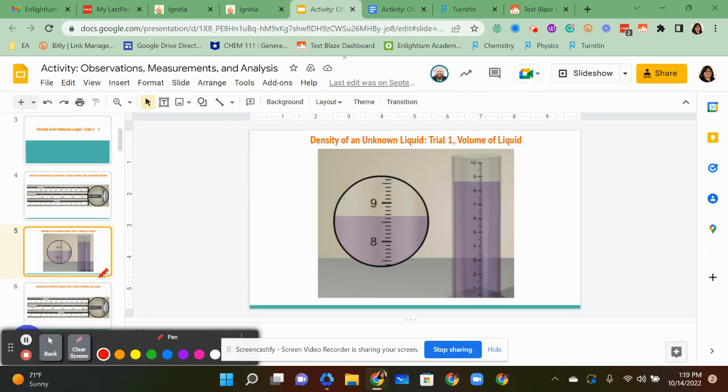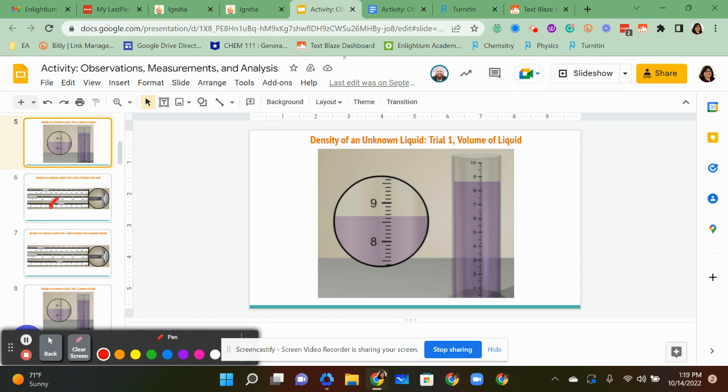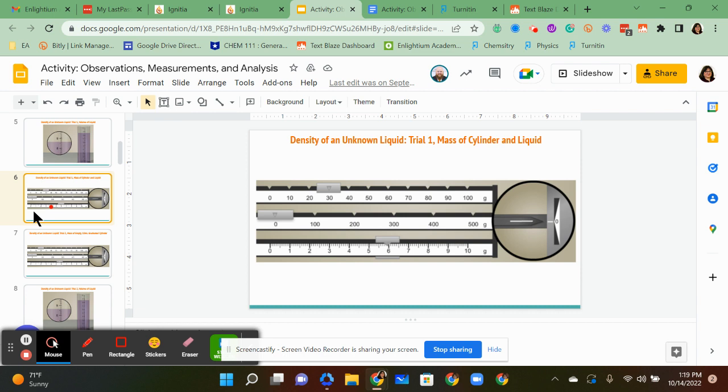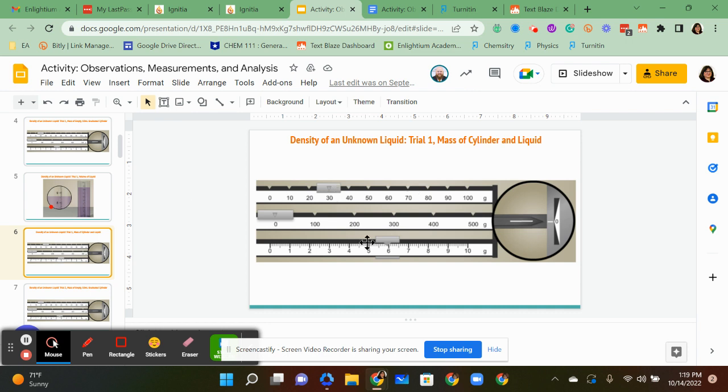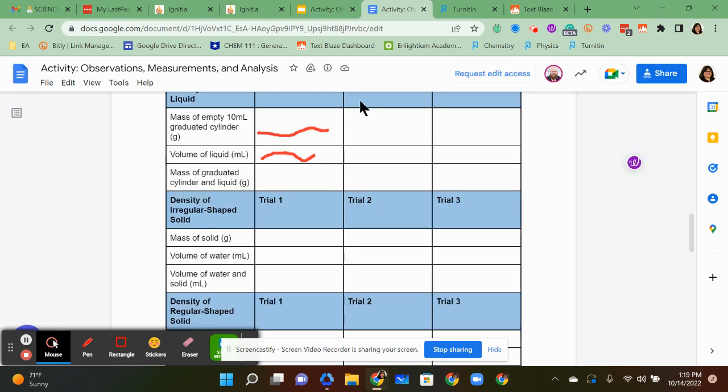Then you're going to continue doing that. Now you have the graduated cylinder and the liquid. And again, you need to record the reading, which I would say is 35.990. And that is the number that you're going to record right here as you go through.